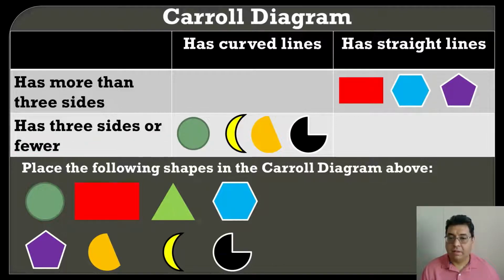So the first one we have here is this one here, the triangle. And then another shape that we just used will pop up again, which is the 3/4 circle here. And looking at the criteria, they both have straight lines and 3 sides or less.